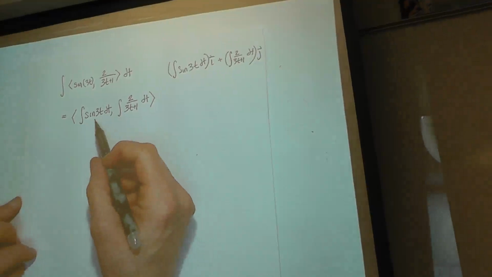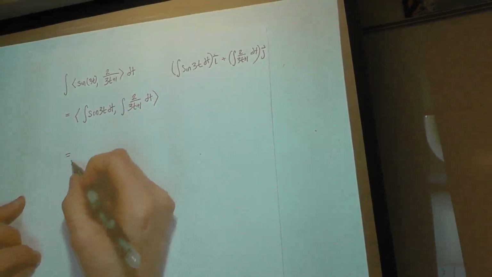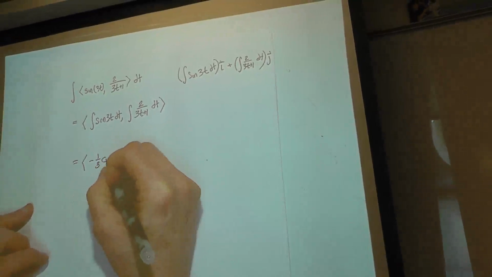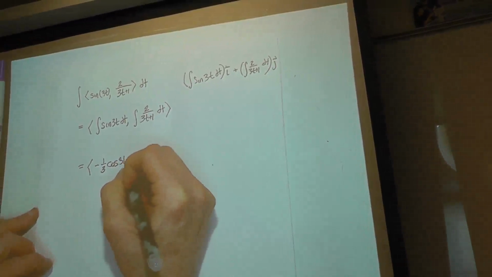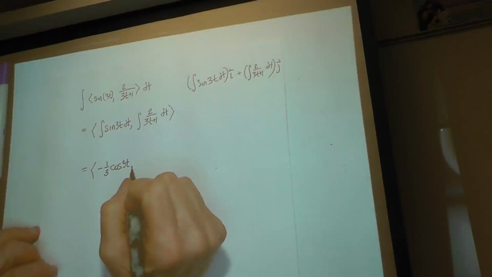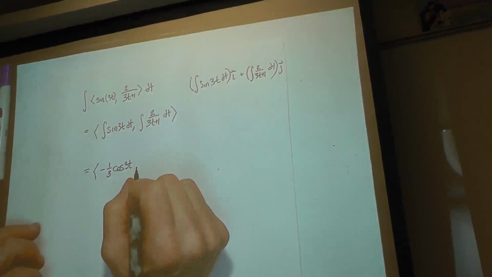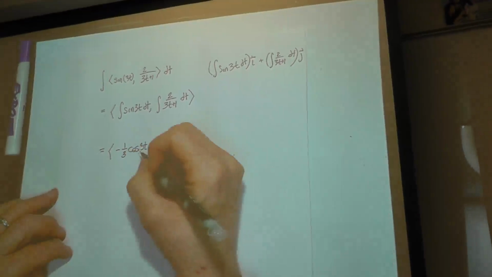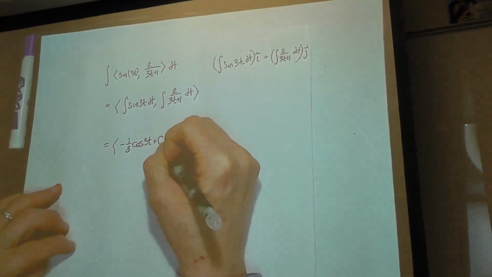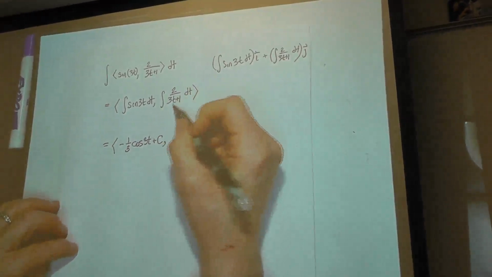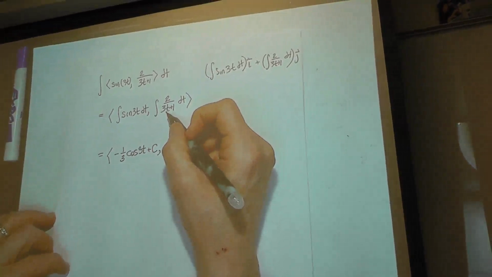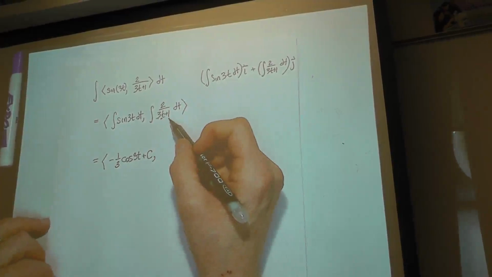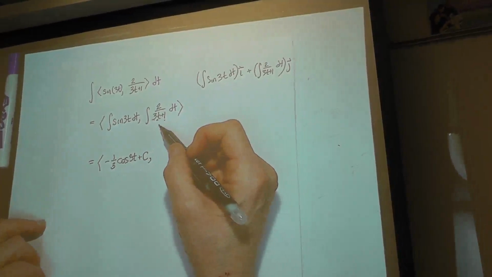These are indefinite integrals. This first integral is going to be minus 1/3 cosine of 3t, but I can't leave it at that. I have to go plus c. This is a logarithm integral. Your u here is 3t plus 1, du is 3 dt.